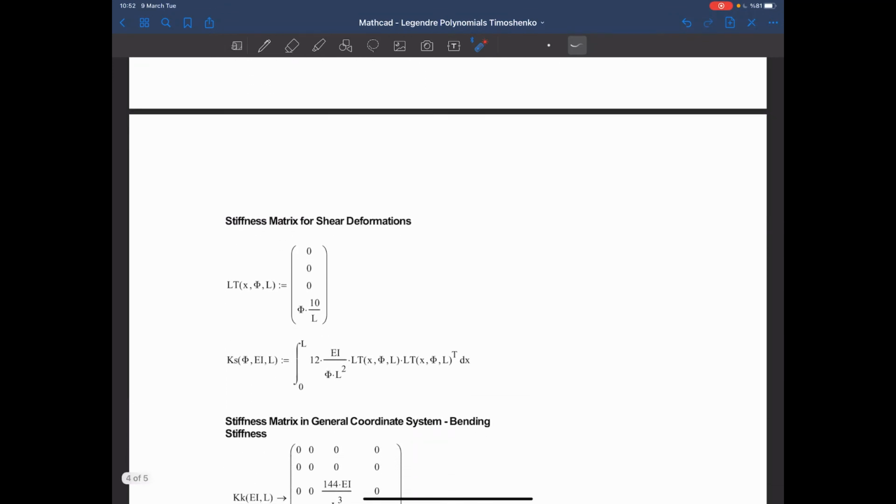Now for the shear deformations, we derive that. So the shear Q1, Q2, Q3 has no effect on the shear deformation, only the anti-symmetric bending mode, and that's the relationship. And in order to calculate this, yes, I have to perform the following calculations.